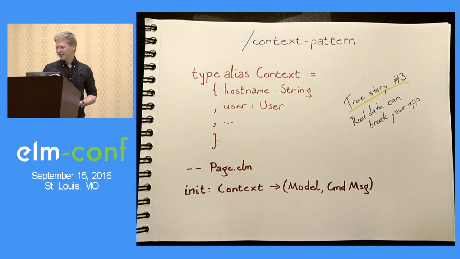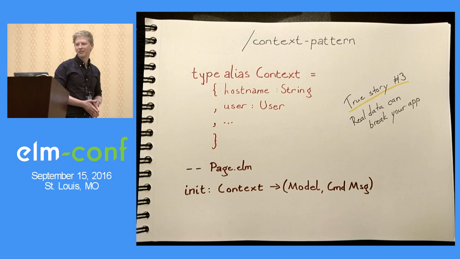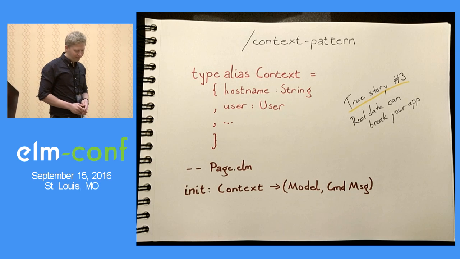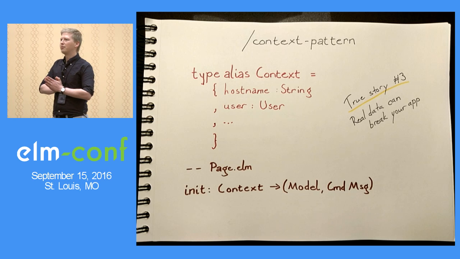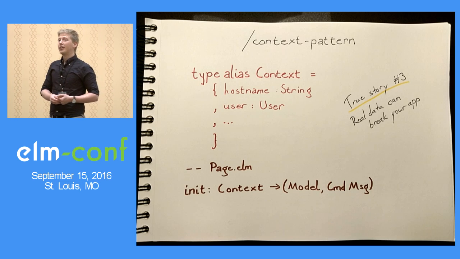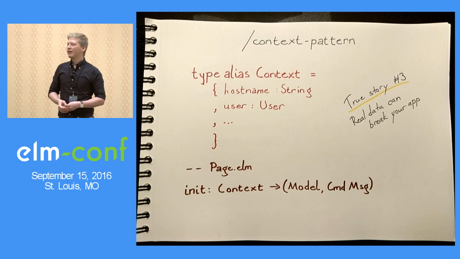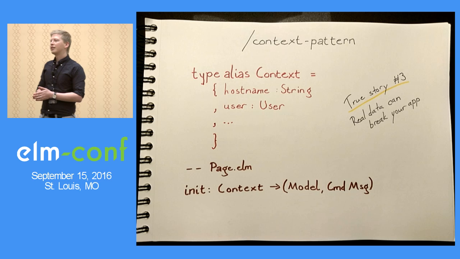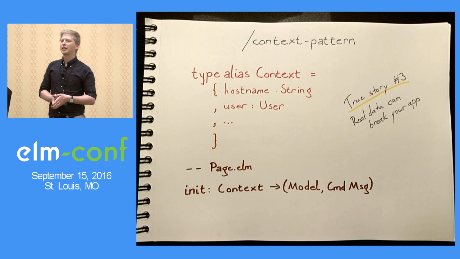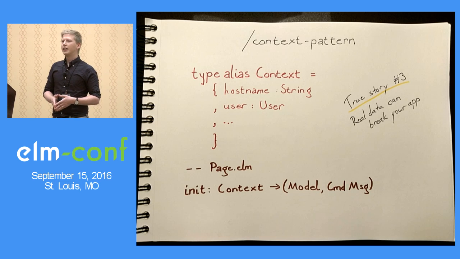Okay, on to the actual learning stuff. I used to read somewhere, I think this is from Richard Feldman actually, that, well anyway, we are using this thing that I call the context pattern. The idea is really simple.